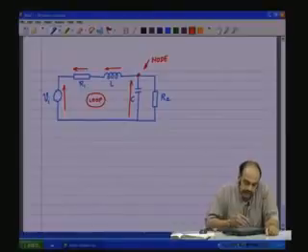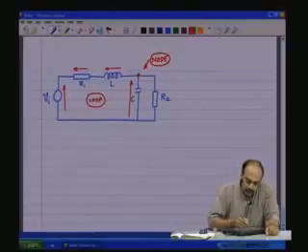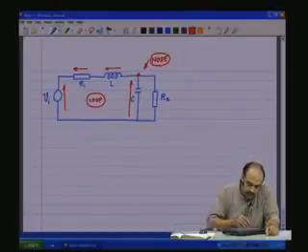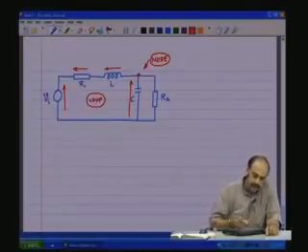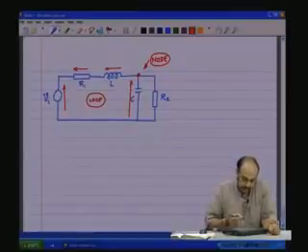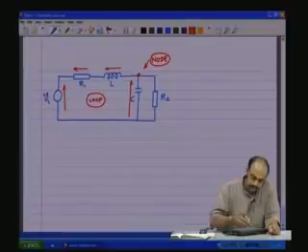So, what does it state? The node is a current junction. It states that the algebraic sum of all the currents of these branches should add up to 0. The loop states that the algebraic sum of all the voltages in this loop should add up to 0. This is the KVL and this is the KCL. We make use of these two laws, of course.